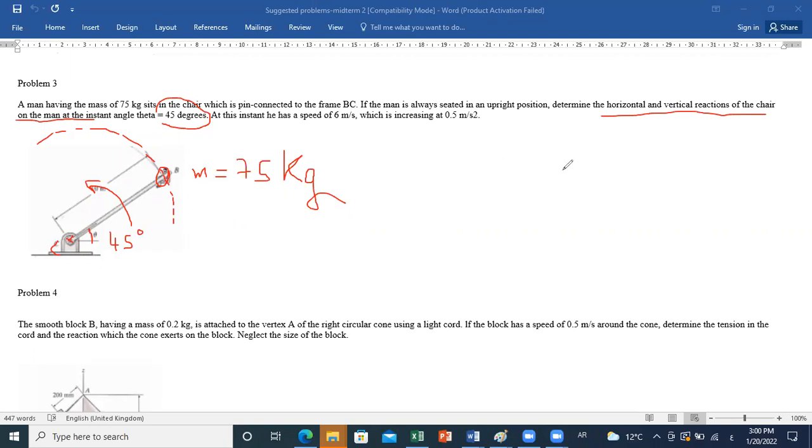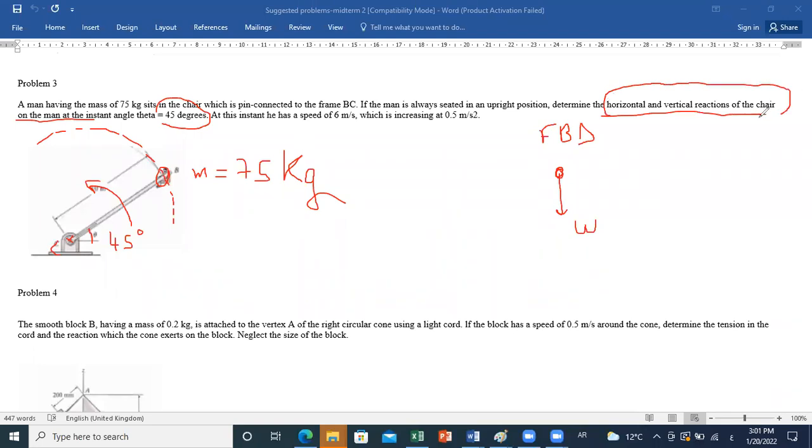I will take the man, isolate it, and draw the free body diagram, which will represent forces acting on it. What are the forces acting on the man? The weight, and they are asking for the action of the chair on it. So the man is subjected to the weight and to the action of the chair.